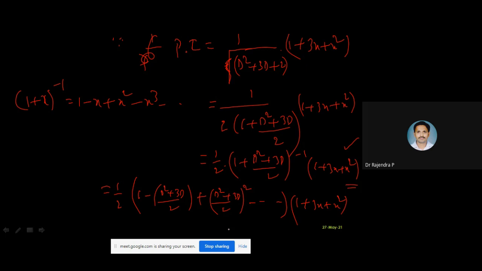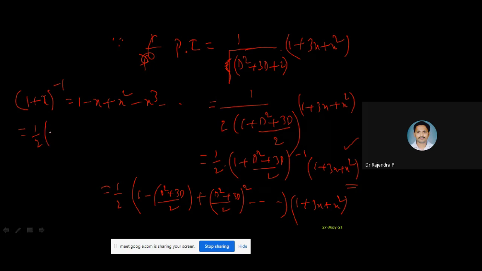Understood this step? Everyone understood this step? Yes, sir. Good. Now we are truncating higher order terms. Only d square terms are enough. So for that reason, I will write here itself because this is a big step. I may not remember if I go to the next slide.